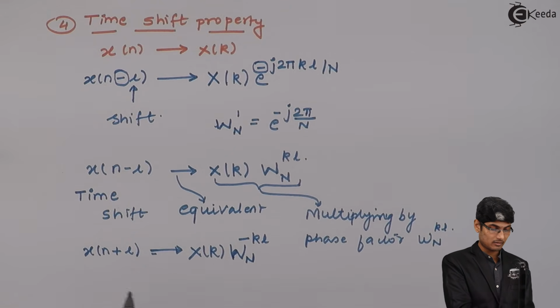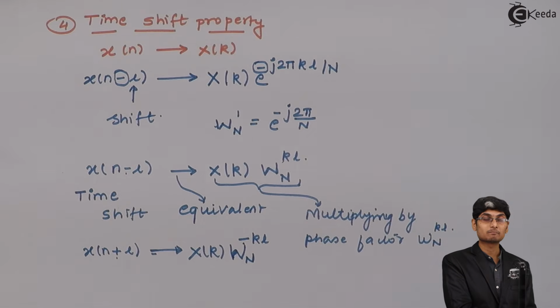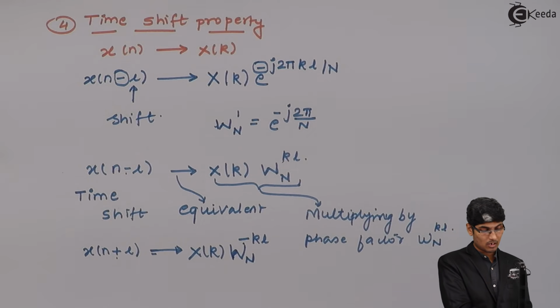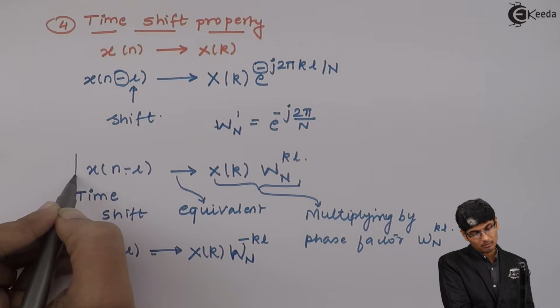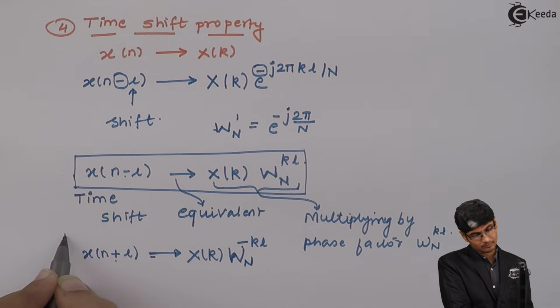So minus goes to plus, and plus goes to minus. This you have to remember. So that is the formulation of the time shifting property.